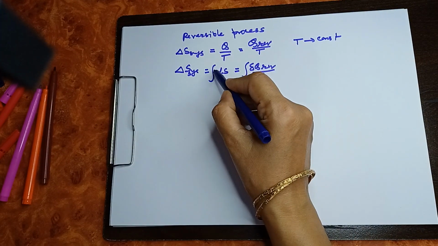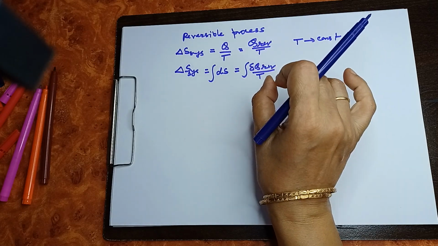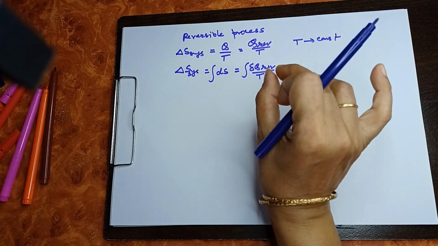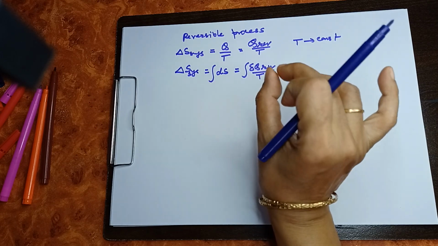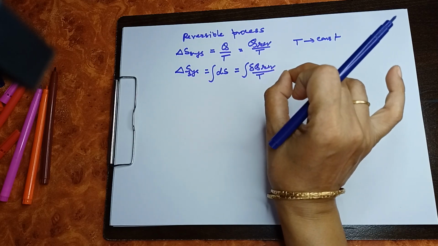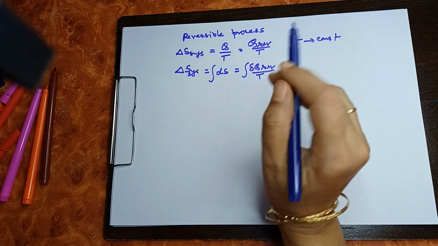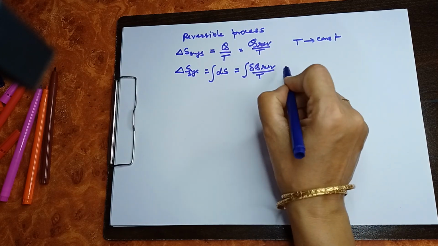In a reversible process, equilibrium is maintained between any two consecutive steps, so within each step the temperature is constant, but from one step to another it may vary.